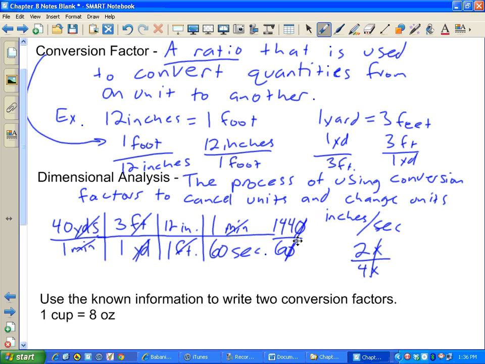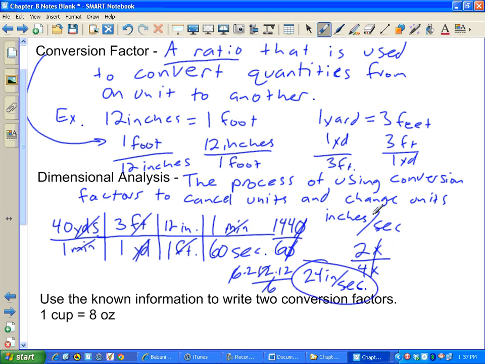Okay, the zeros will cancel. So I got 144 over 6. 144 is really 12 times 12. I can rewrite this 12 as 6 and 2. The 6 is canceled, so I've got 12 times 2, which is 24 inches per second.